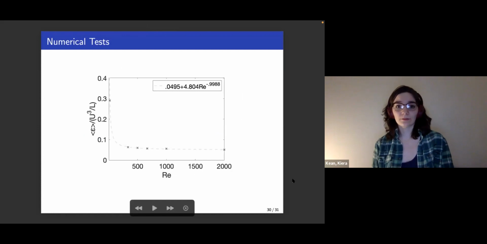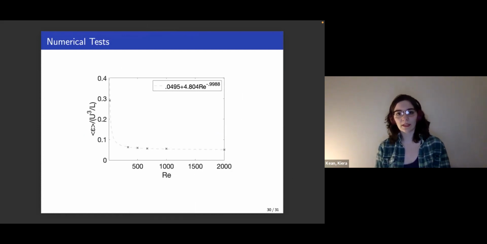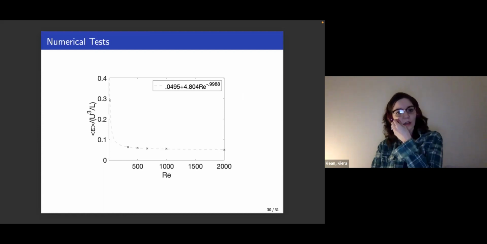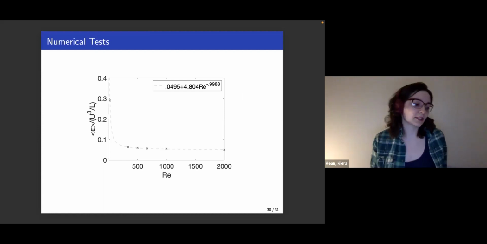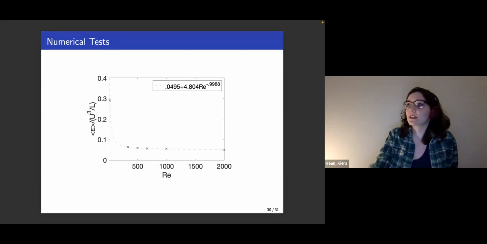We also showed in numerical tests the behavior we'd expect, which is a constant plus this Reynolds number to the -1. This agreed with theory almost exactly, and we were very pleased with our results, though we were somewhat limited in how high we could take the Reynolds number.